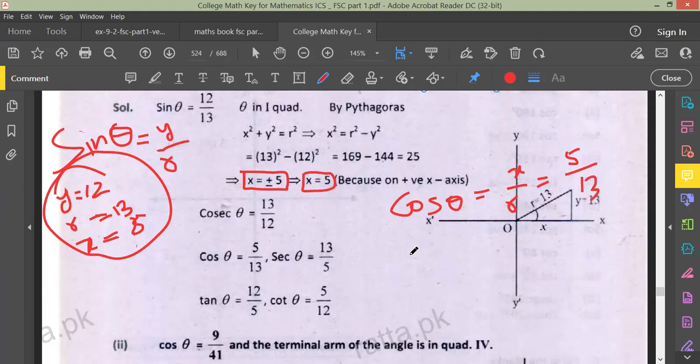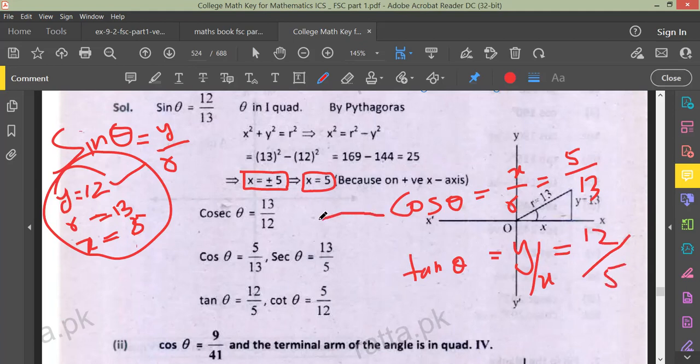Similarly, tan theta is equal to y over x. The value of y is 12 and the value of x is 5. The inverse of cos is secant, so secant will be equal to 13 over 5. Similarly, the inverse of tan is cot. Cot will be equal to 5 over 12. This is the answer of this question.